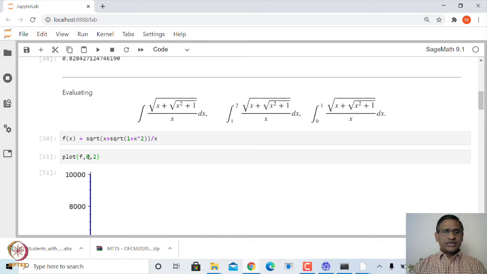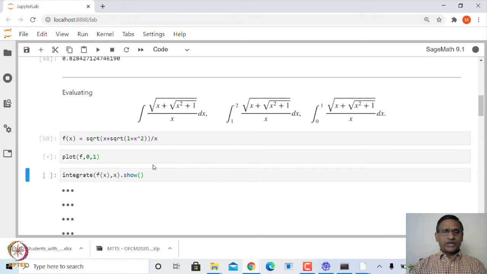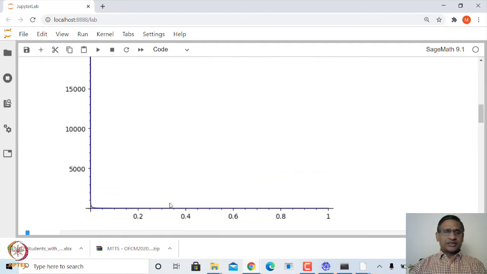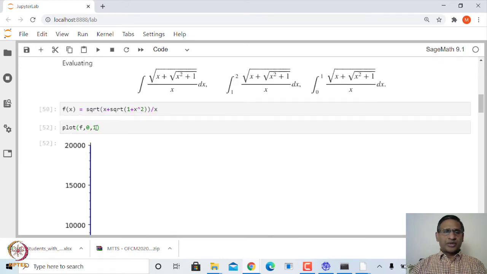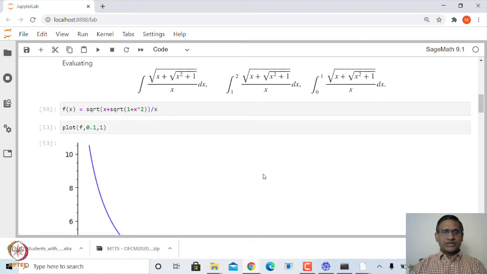However, let us look at what happens between 0 and 1. Again at 0, the behavior is that it is going to increase to infinity. That is why you see this graph. Let me plot maybe between 0.1 and 1, then it may be somewhat better.